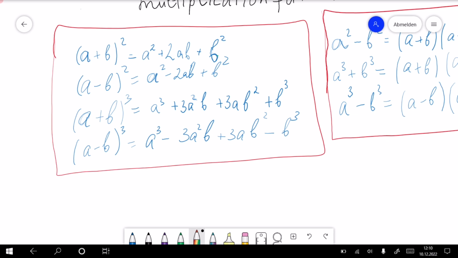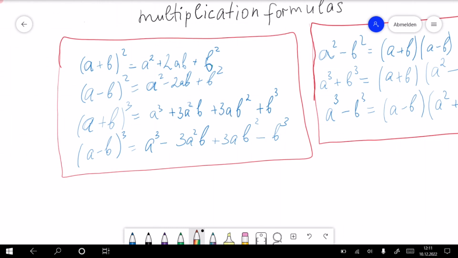And the last one from this group is similar to the previous, but the difference is in two signs, in two minuses. So a minus b cubed equals a cubed minus 3a squared b plus 3ab squared minus b cubed.